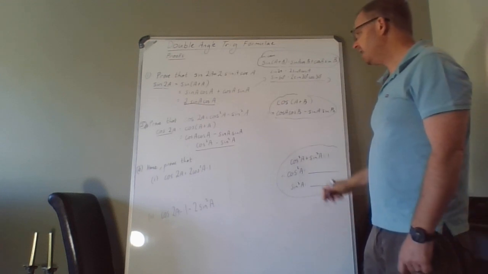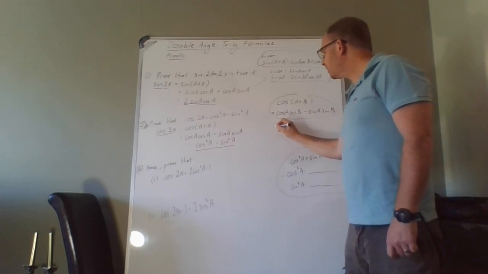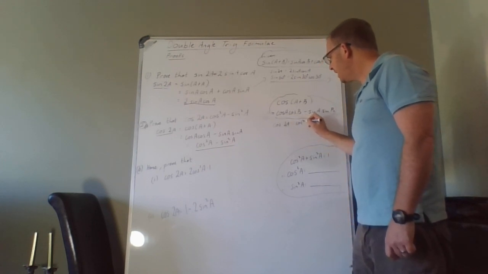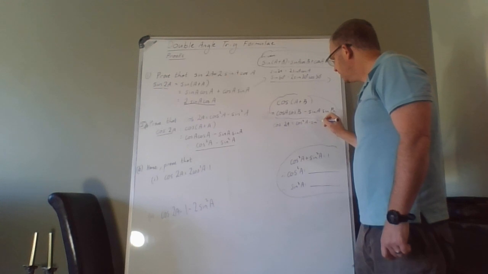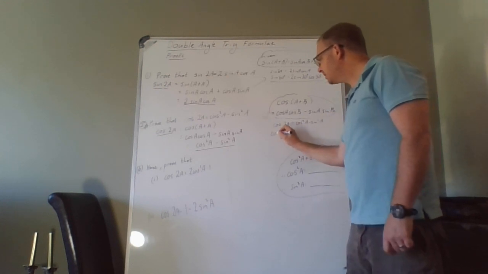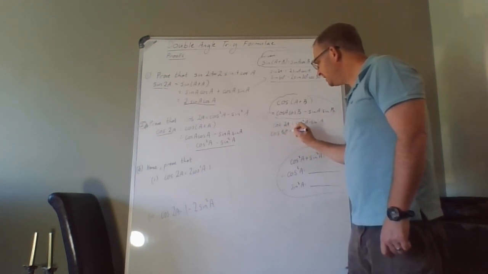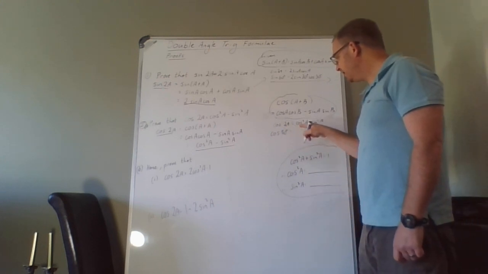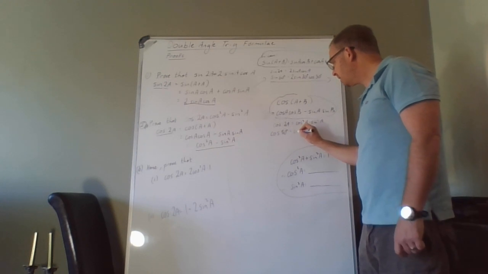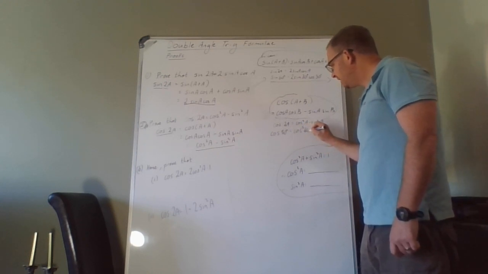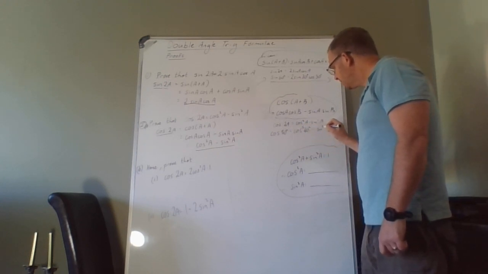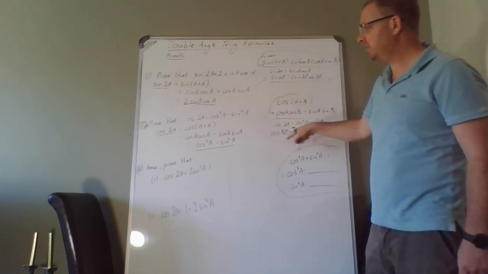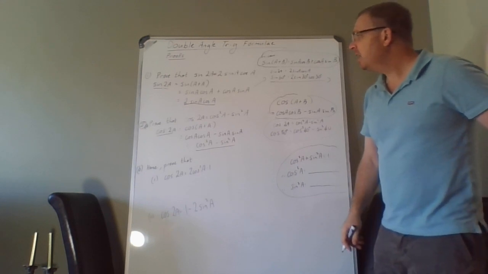And likewise over here, we know that cos 2A is equal to cos squared A minus sine squared A. So numerically, let's say I had cos 80 degrees. Cos 80 degrees could be written as, well, cos of an angle is cos squared half of that angle, so it'll be cos squared 40 degrees minus sine squared 40 degrees. So that is what these formulas are saying in numerical terms.